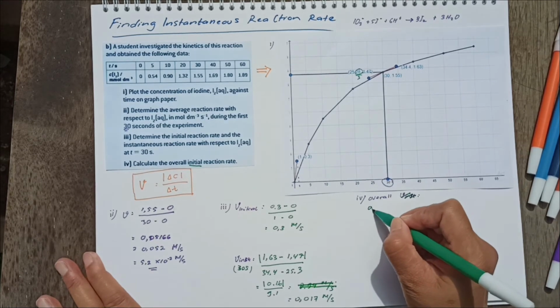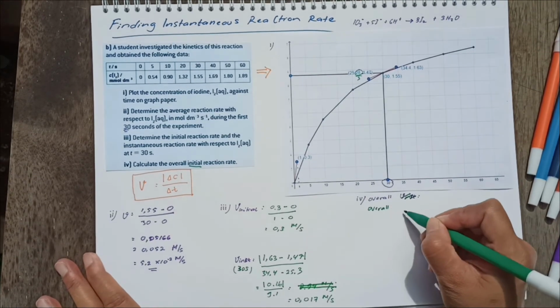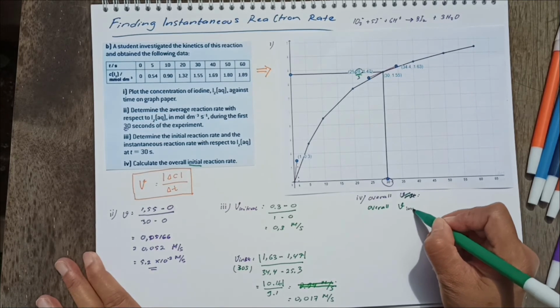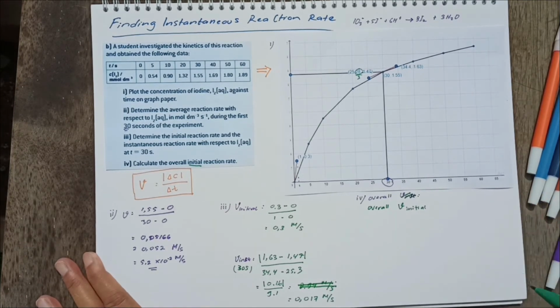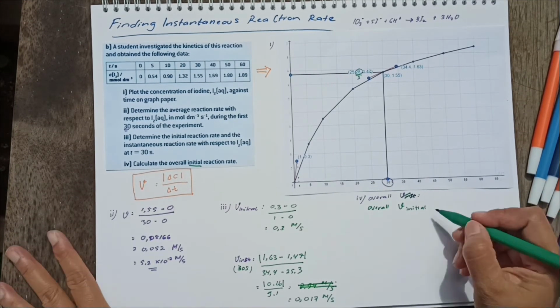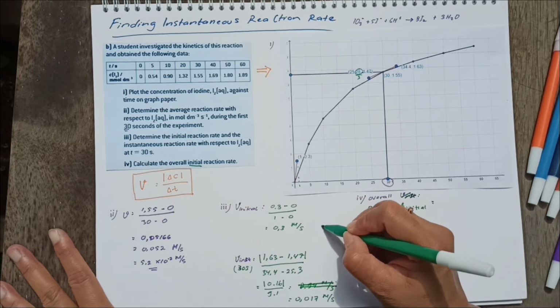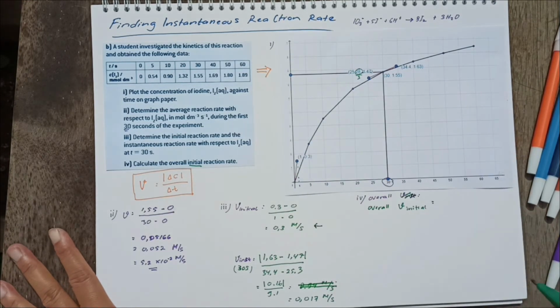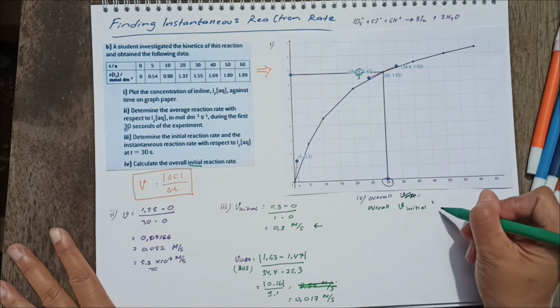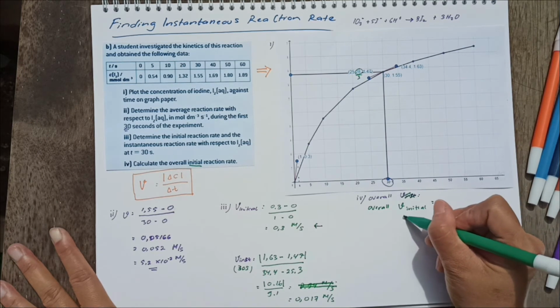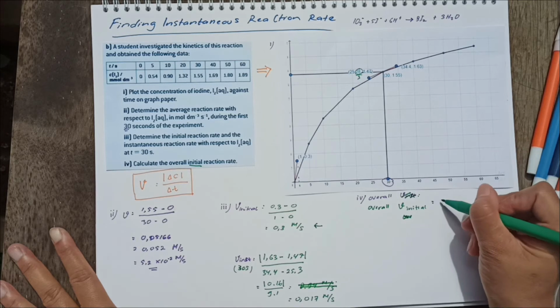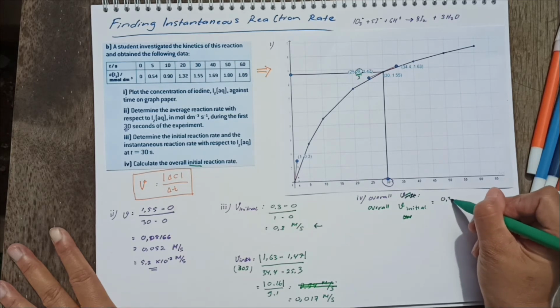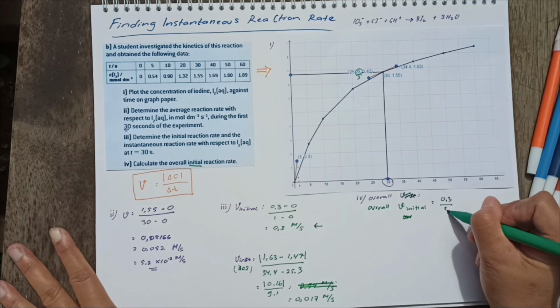The question is the overall velocity for the initial rate. So you're going to use this one because the question is the initial. So the V initial for overall is going to be 0.3 per 3.